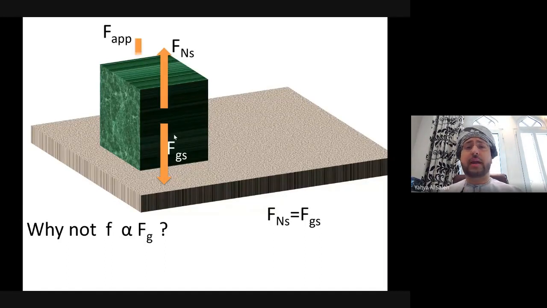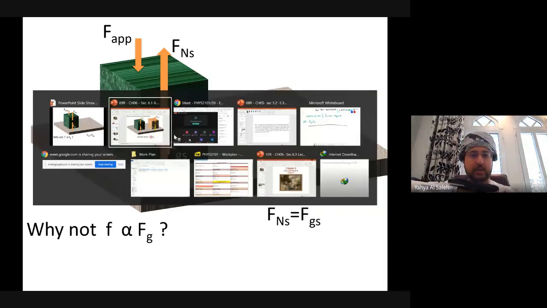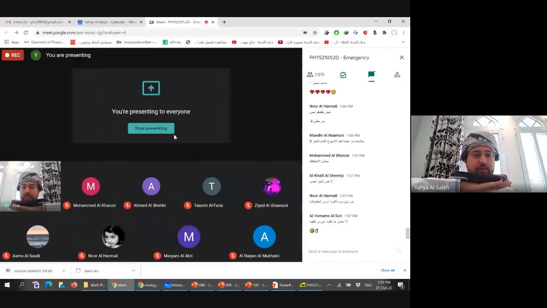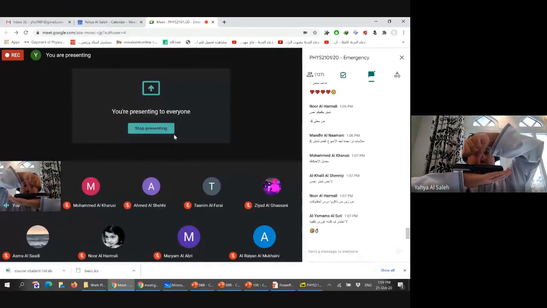Well, that is all fine and correct up until I start applying a force. Now, if I have my calculator resting on my hand, Fn equals Fg, right? What about now when I'm pushing on it? Fn is no longer equal to Fg. Fn now is equal to Fg plus F applied.